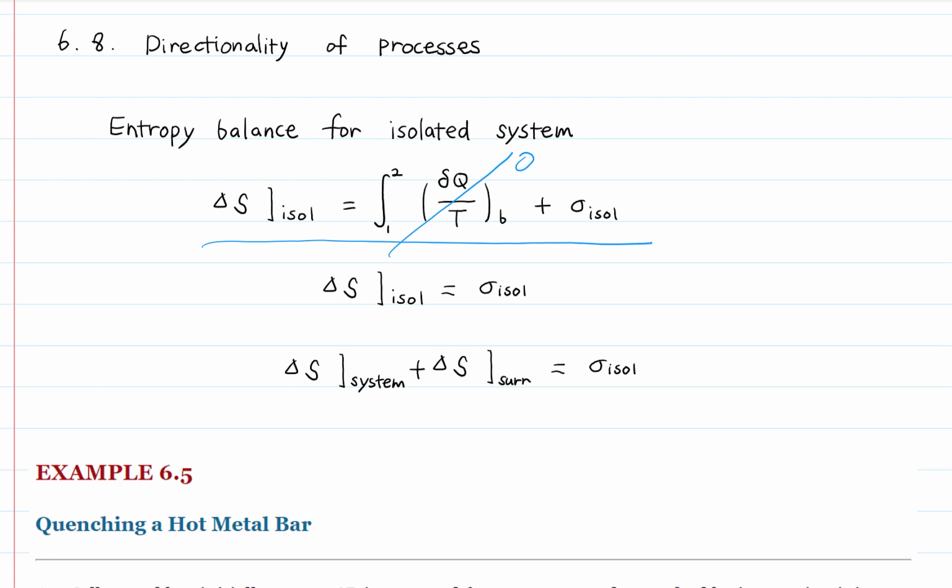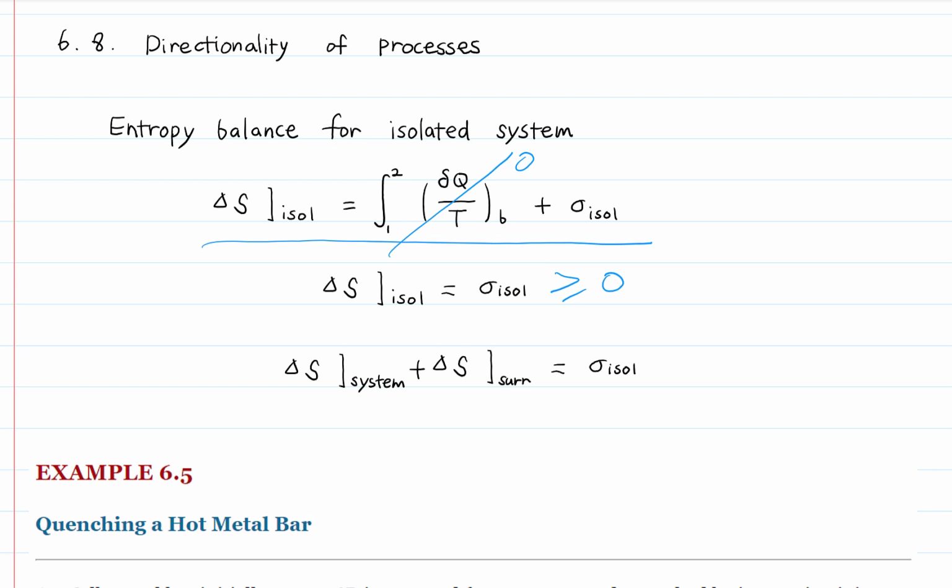So the entropy production or the entropy change for an isolated system is always greater than or equal to zero. The entropy of an isolated system can never be negative. The only way that the entropy in the closed system decreases is by losing heat.